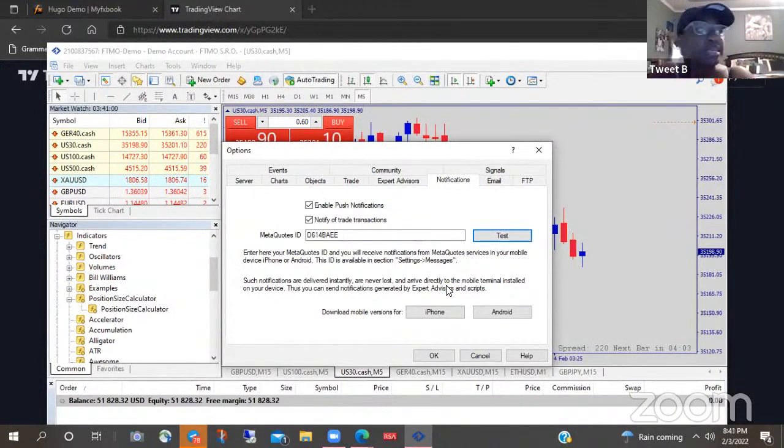That was a text message from my MT4 telling me something just happened, magnificent, right? So if you don't have your MT4 on your phone and on your desktop, you want to make sure you're linking them. And then you want to make sure that both of these buttons are checked so that you can get your text messages to your phone.